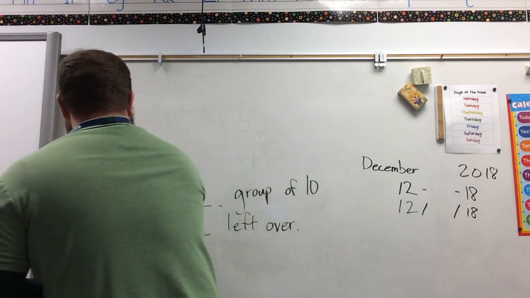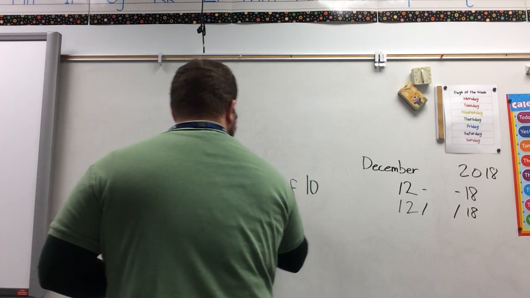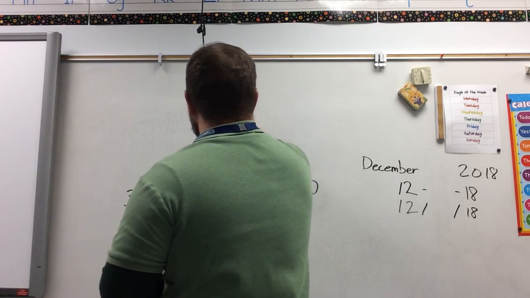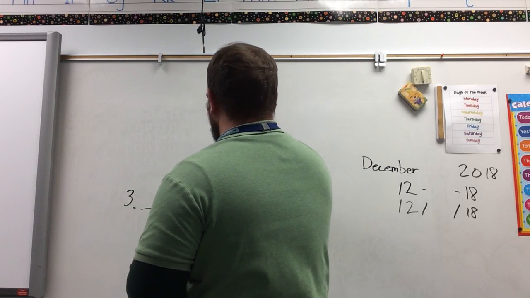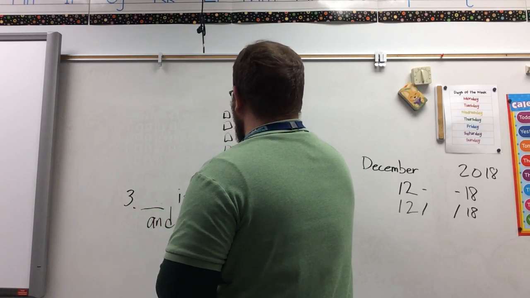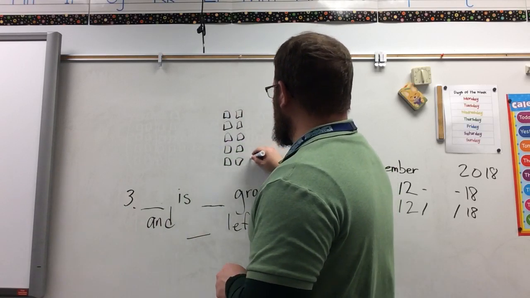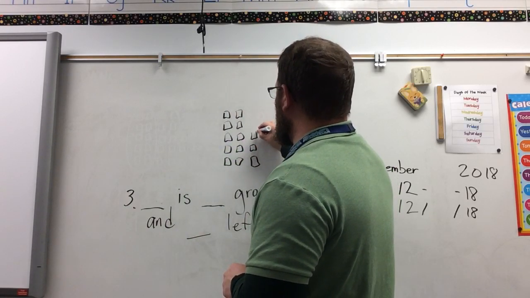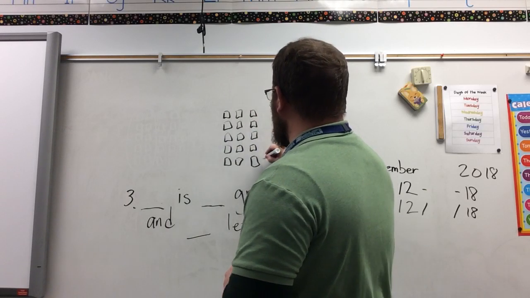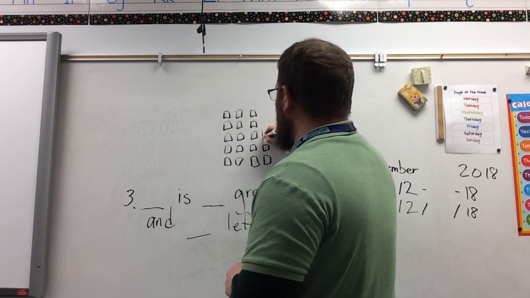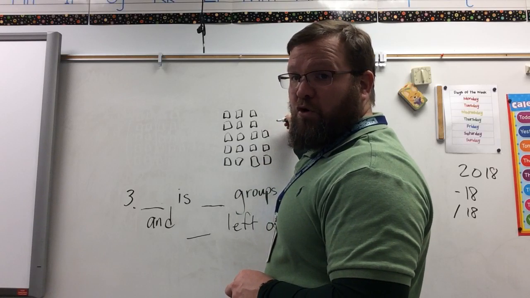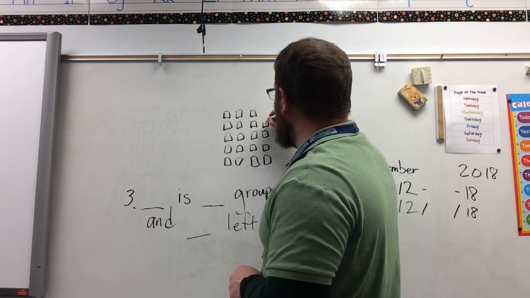So let me set it up again. I might do a little bit bigger number just so that you get the practice of looking for your groups of 10 and being able to circle them and identify them, right?